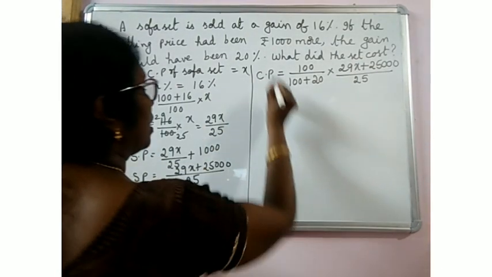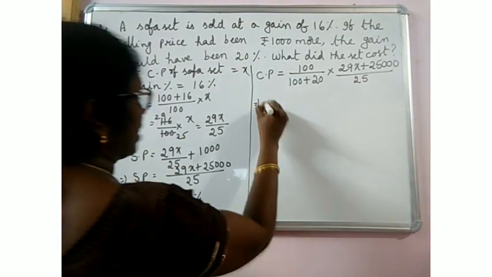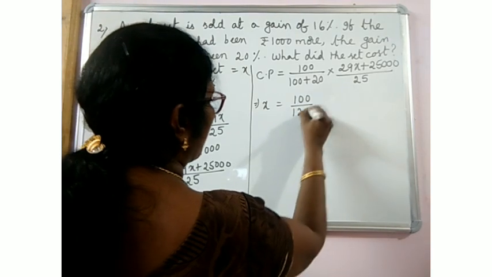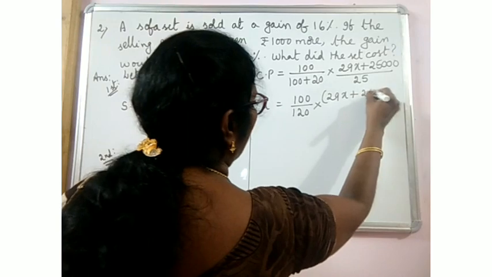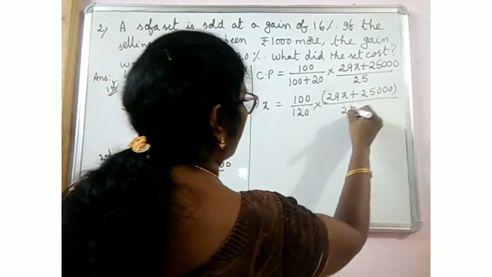Okay? And the cost price is X. X equals 100 by 120 into (29x plus 25,000) by 25.